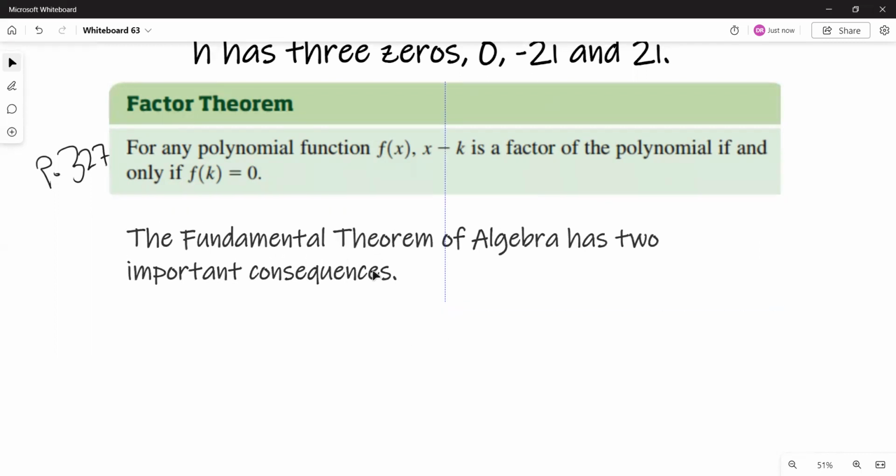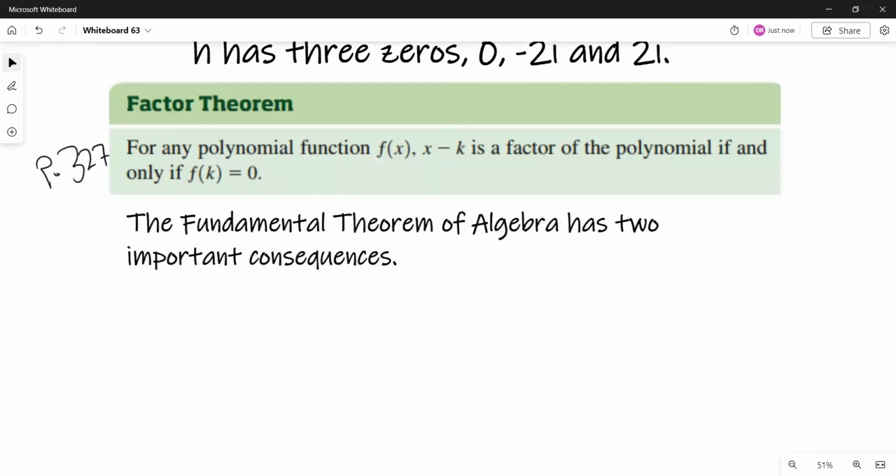The first one is on page 330. Okay, so I'm copying that. Actually, the fundamental theorem of algebra is on page 330.